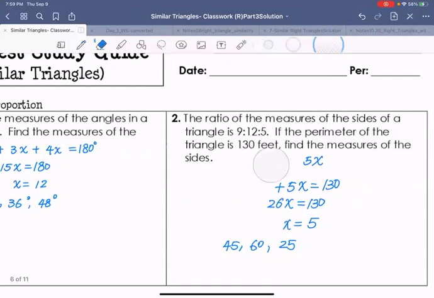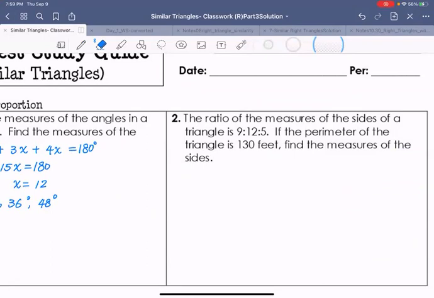Let's do the next one. Christina, number 2. Read the question, please. The ratio of the measures of the sides of a triangle is 9, 12, 5. If the perimeter of the triangle is 130 feet, find the measures of the sides.